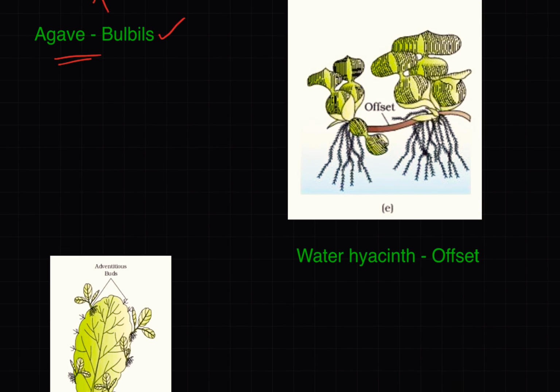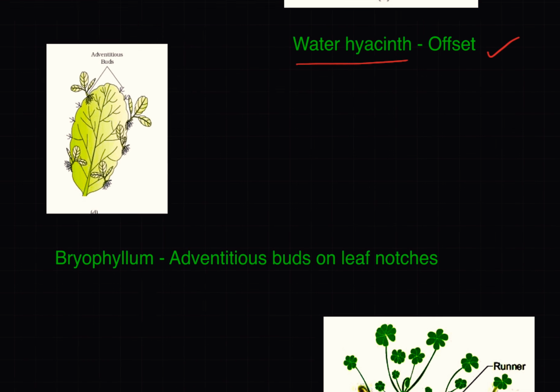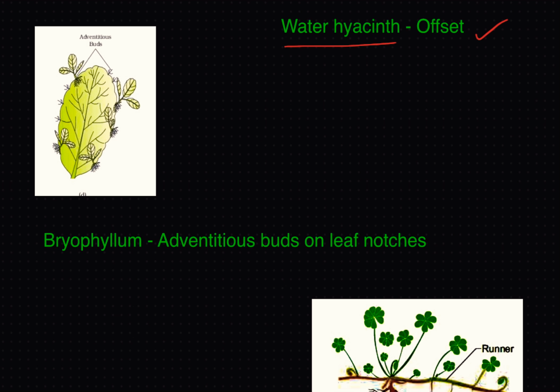The next example is water hyacinth or Eichhornia. Eichhornia reproduces with the help of a special modified branch called an offset. Now, coming to bryophyllum. Bryophyllum reproduces with the help of adventitious buds located on the leaf notches.